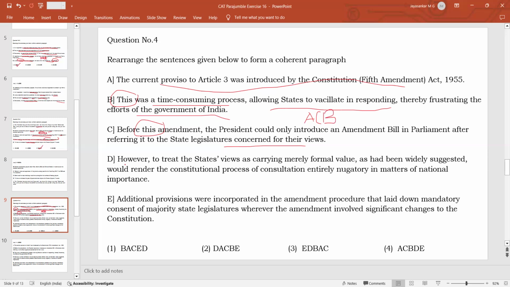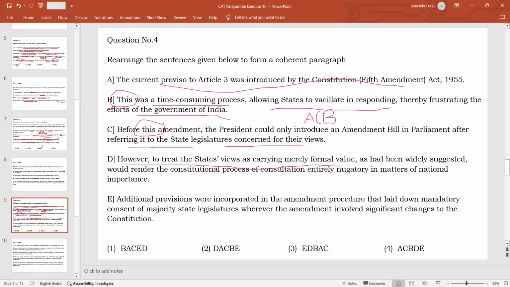Then what? However, to treat the states' views as carrying merely formal value. So we are talking about the states not responding to the center's directives in a time-bound manner, as a result of which this amendment was introduced. So obviously, this amendment might be talking about doing away with the consent or the opinion or referral to the state legislatures.